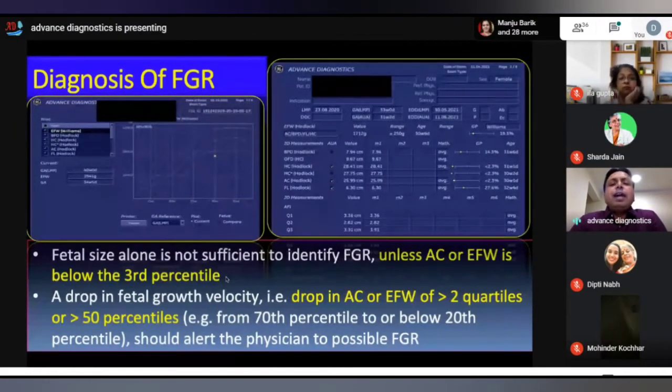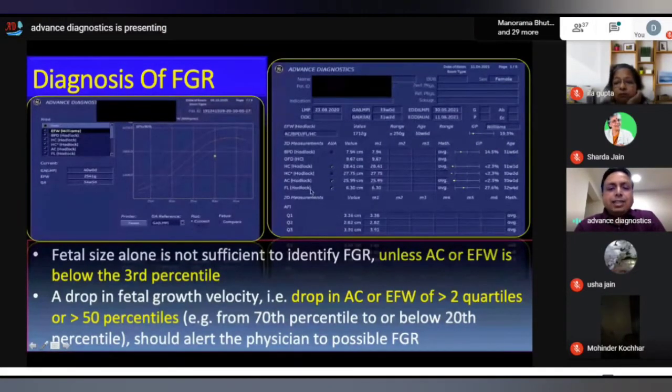It is there in every machine. If you see this worksheet, the estimated fetal weight is 19.3 centile and AC is less than 2.3 centile. So it is less than 3rd centile. So you can easily say that the fetus is fetal growth restricted.